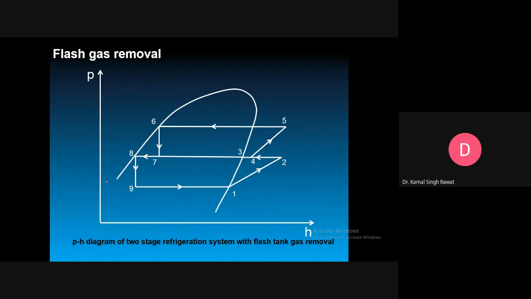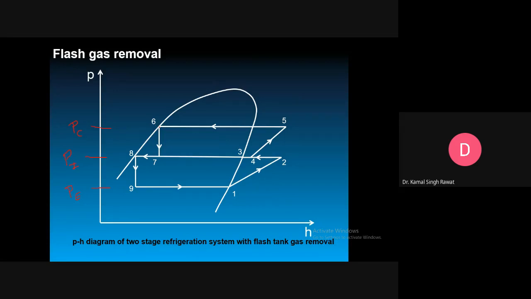As we have already discussed, in this system, we have 3 pressure limits. First one is evaporator pressure. Second one is intermediate pressure. And the third one is condenser pressure. In the initial process, we have described the process from this point.